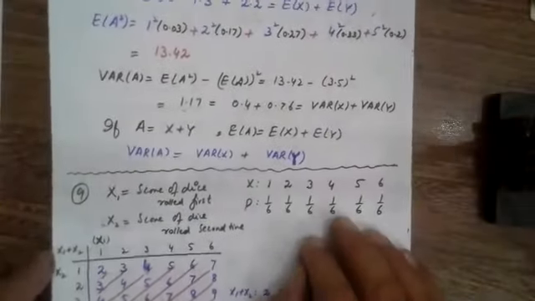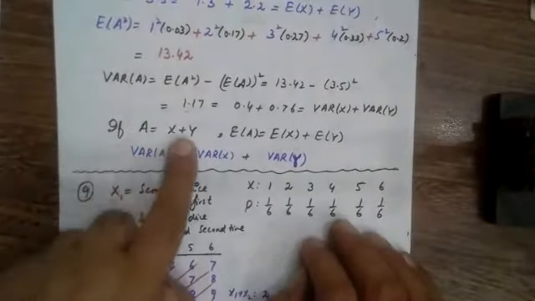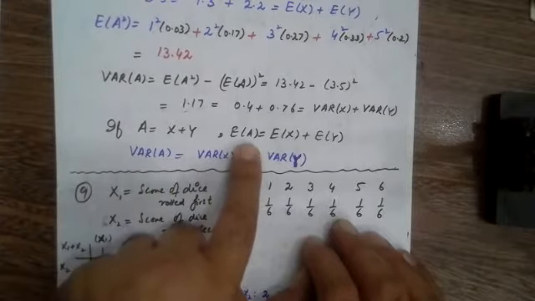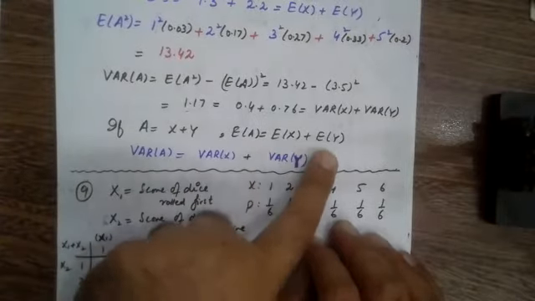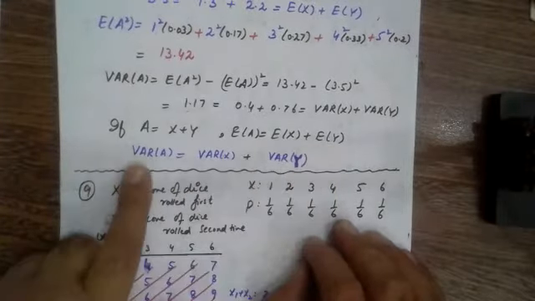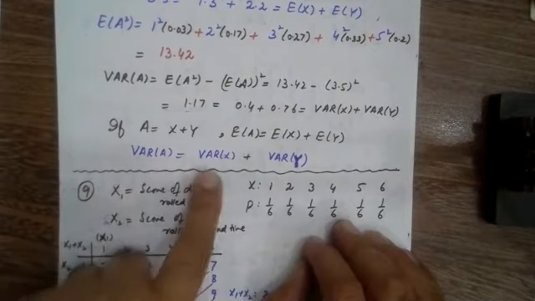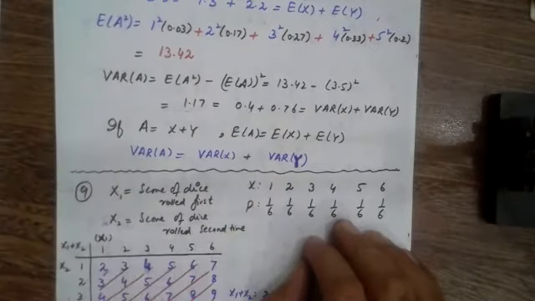Then we went through all of these proofs, and we finally established a result that if a is equal to x plus y, then expected value of a is expected value of x plus expected value of y. And then we proved that variance of a is equal to variance of x plus variance of y.